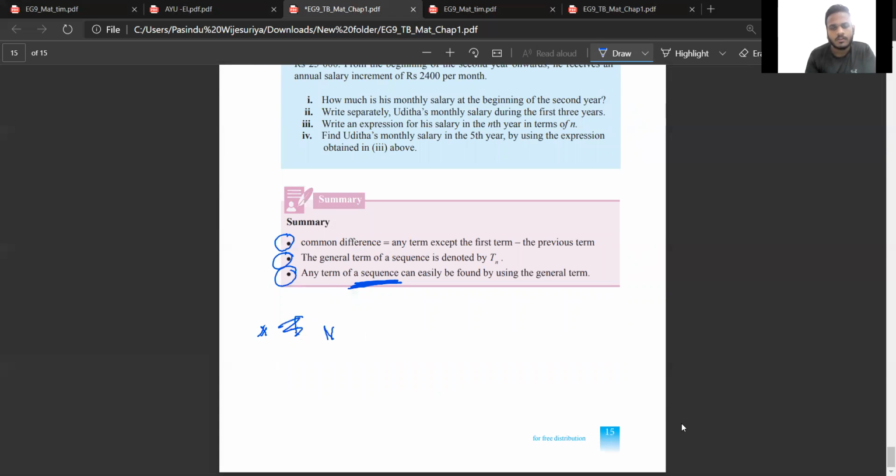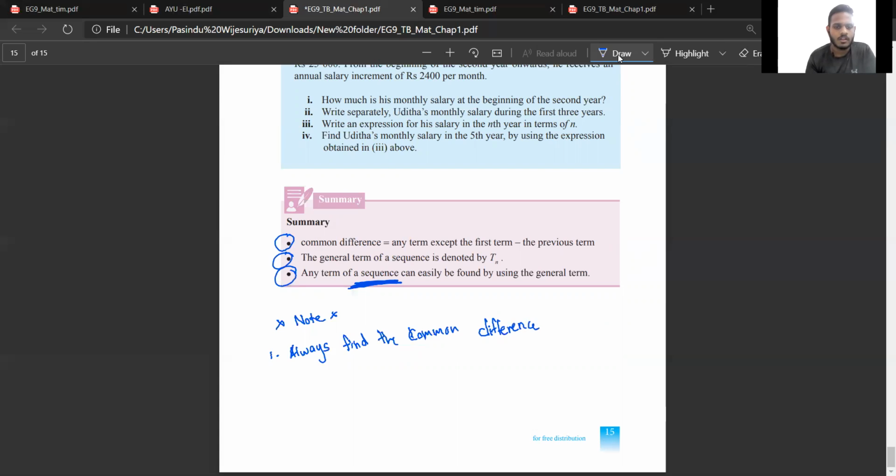So this is something which is good for you all to remember when it comes to patterns. Always note this down. Always find the common difference.